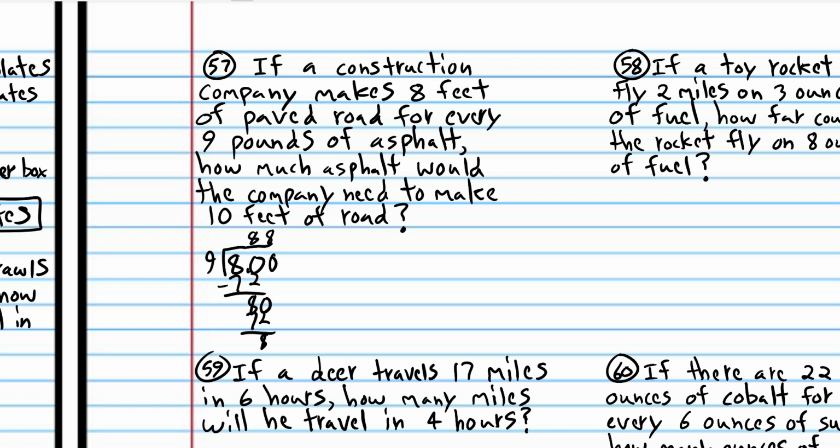And you can see you're just going to keep getting 8, 8, 8, 8. So if you divide 8 by 9, you get 0.8 bar. And that would be feet per pound of asphalt.